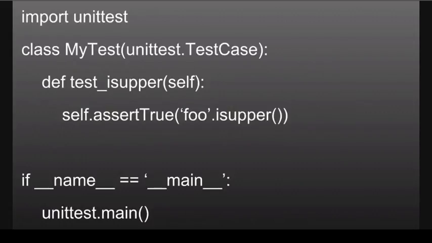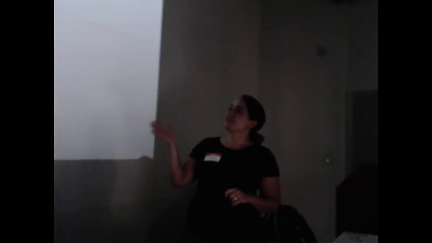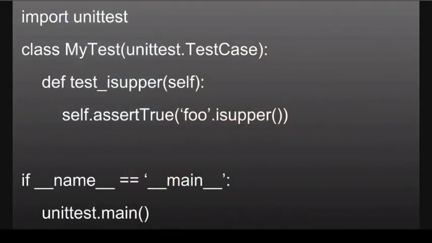Now, this is the very basic minimum necessary for a test case in Python. We import the unittest module. We subclass TestCase, which is our basic unit of software inside the unittest module. And then we write a test method. In this case, we're doing something really simple.